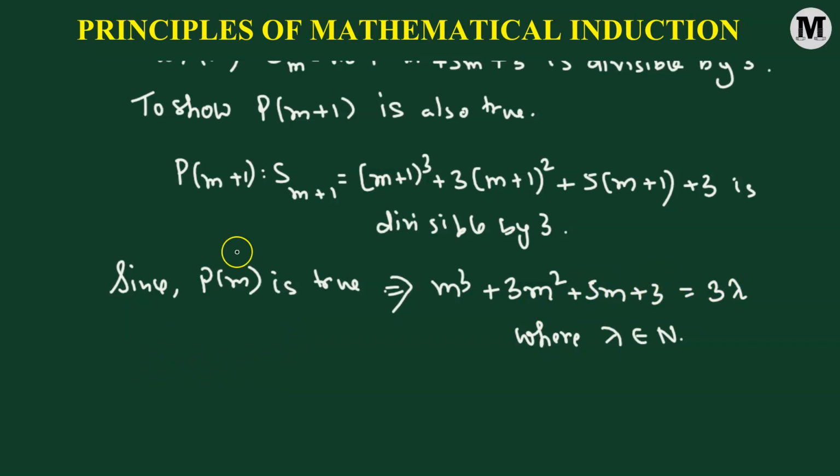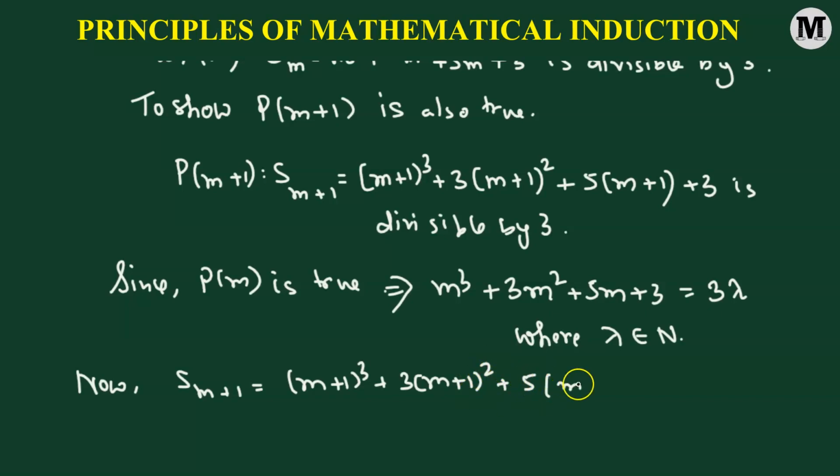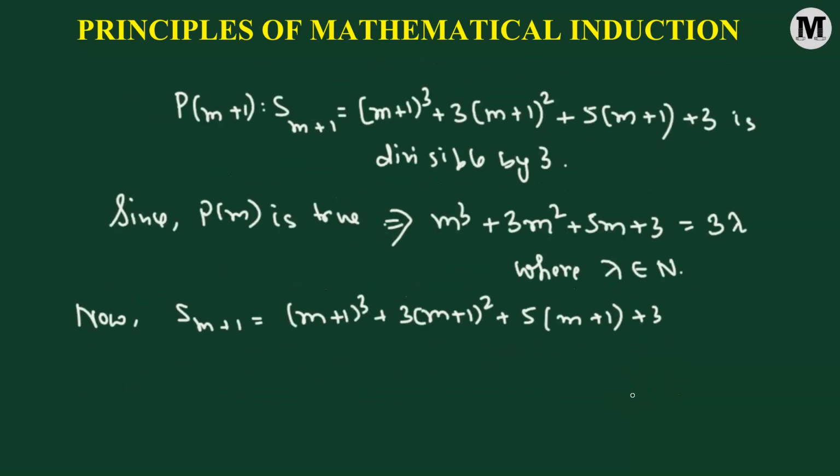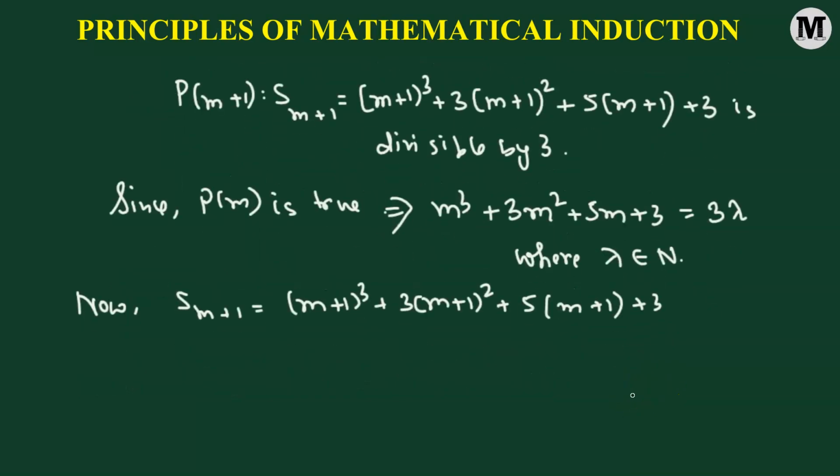Now what is S of m plus 1? S of m plus 1 is simply m plus 1 whole cube plus 3 times m plus 1 whole squared added to 5 times m plus 1 plus 3. We have to show that this particular expression is divisible by 3. How do we show that?